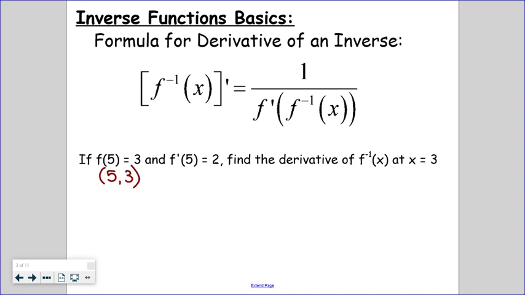And that means that in our inverse, we have the point, flip-flop those, 3, 5, right? So as I go to use this, I'm supposed to look at 1 over the derivative of f of the inverse of 3.